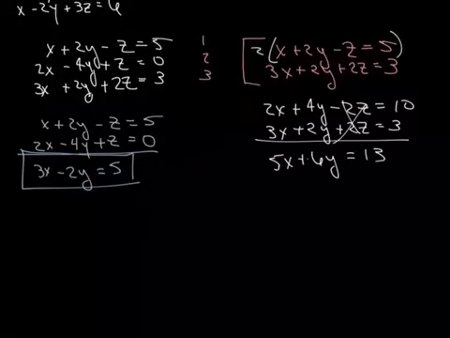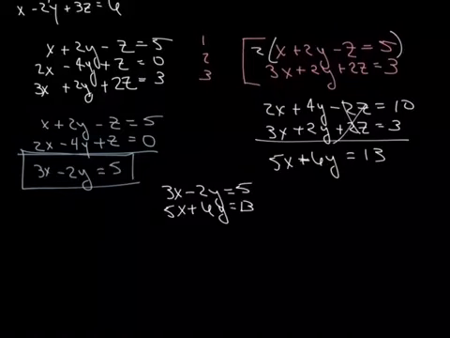Now what I have here is an x and a y here and an x and a y here. The z's disappeared here, z's disappeared here. So now I can bring these two together. So I'm just going to write those in the middle. And then my 5x plus 6y equals 13.